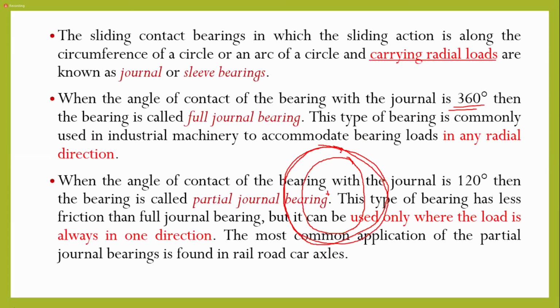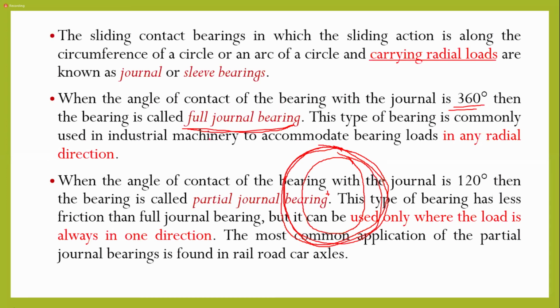It is moving from this point to this point, covering a total of 360 degrees. So this type of bearing is called the full journal bearing, because it is continuously touching the full circumference of the bearing.